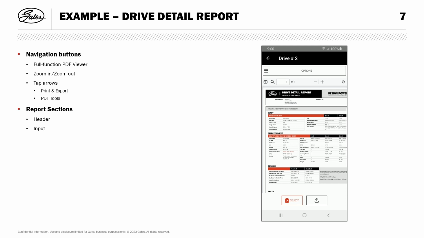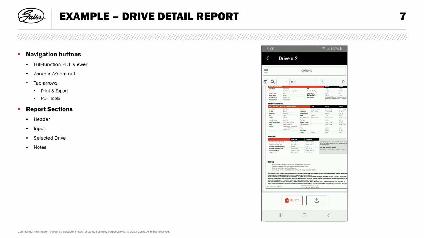Below the header is the input section, displaying everything the designer fed into DF Pro to create this solution. Details of the selected solution are displayed below in the Selected Drive section. Important notes about this specific drive are listed at the bottom.